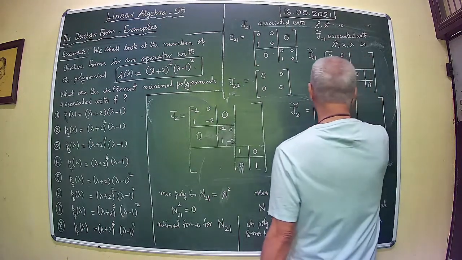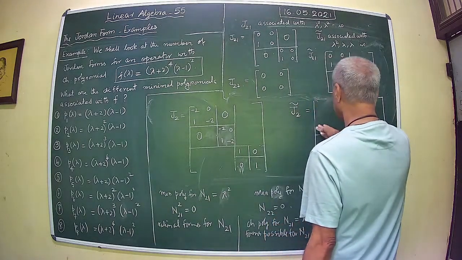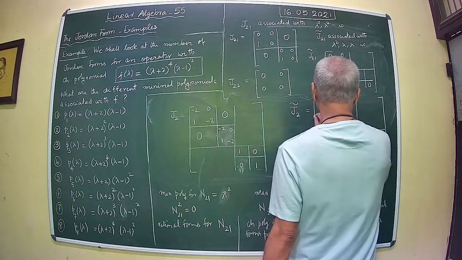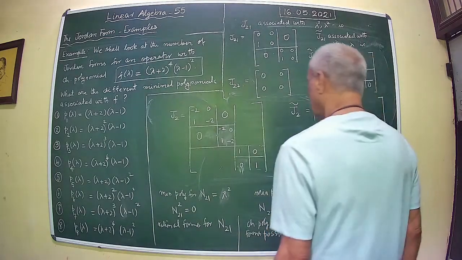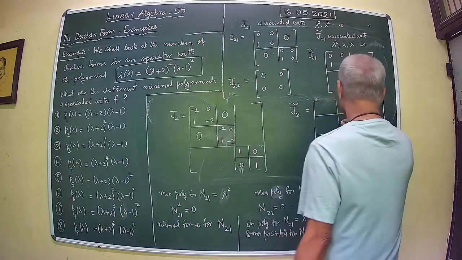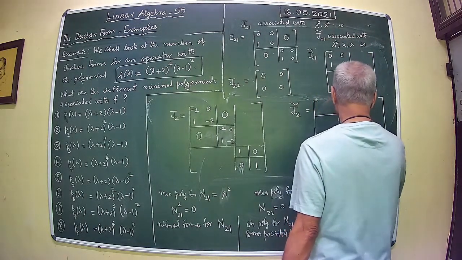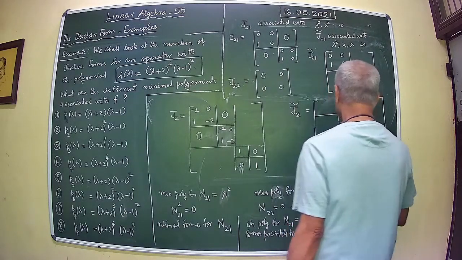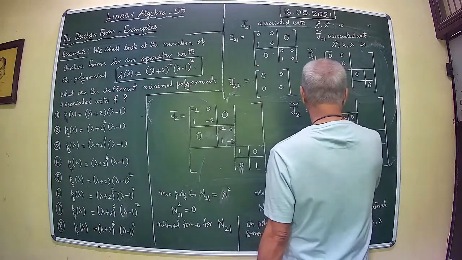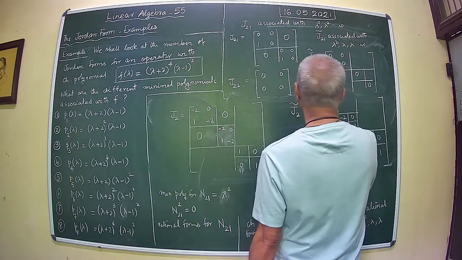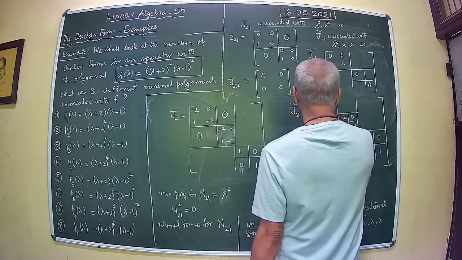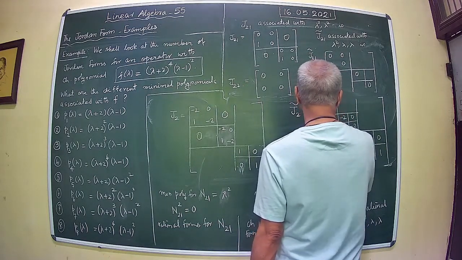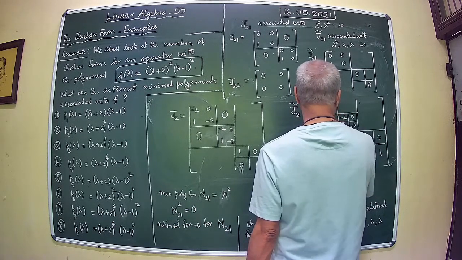Then here you have the breakup given by, then you have here, of course what you have is this minus 2, 0, 1, minus 2.